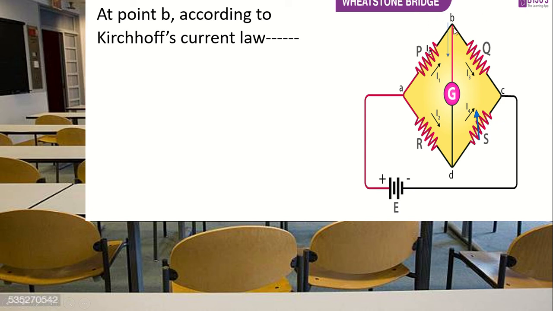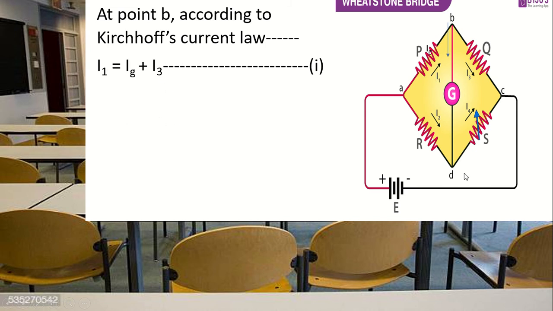So at junction B, if we apply Kirchhoff's current law, I1 is the incoming current, and Ig that goes through the galvanometer and I3 that goes through Q are the outgoing currents. So we can write I1 = Ig + I3.